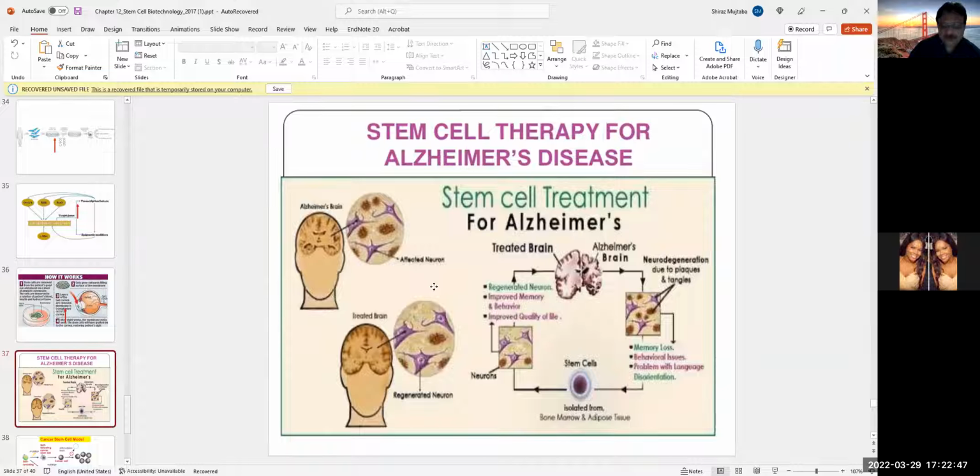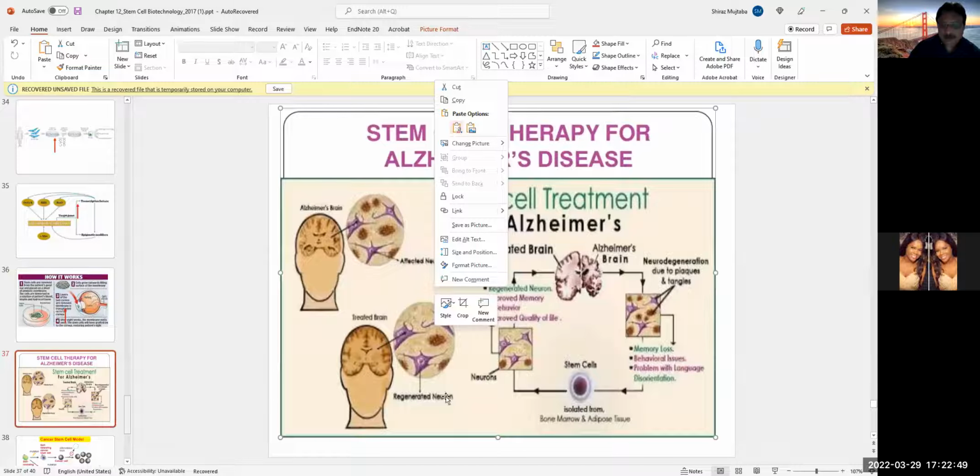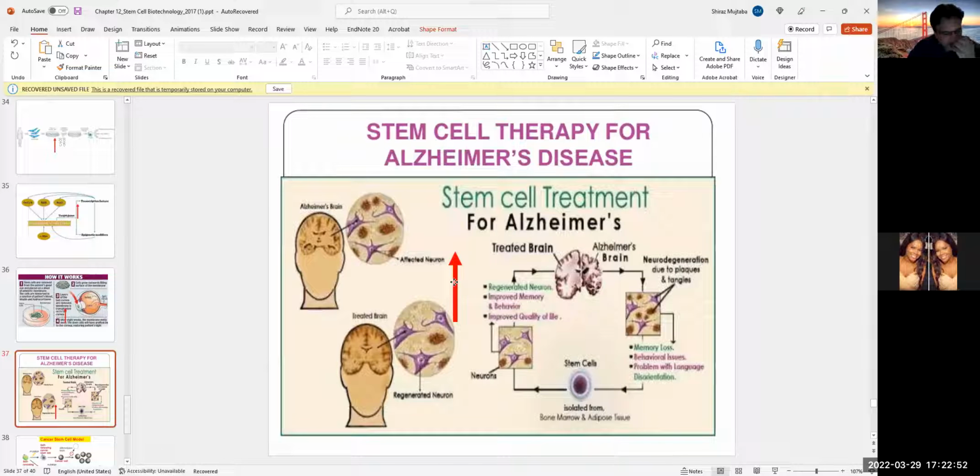The same thing: stem cells are very important in neurodegeneration and Alzheimer's disease, because in patients where Alzheimer's starts, there is memory loss and functional loss. So stem cells could be very, very helpful here.